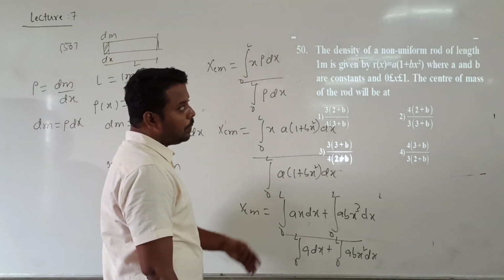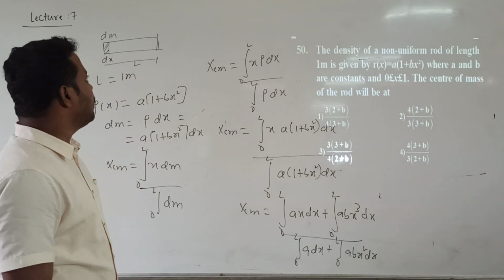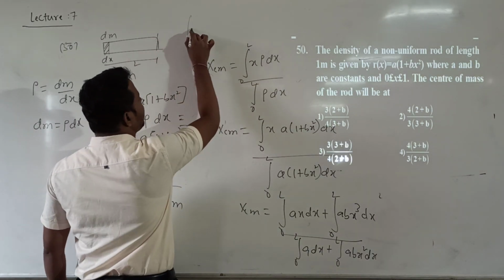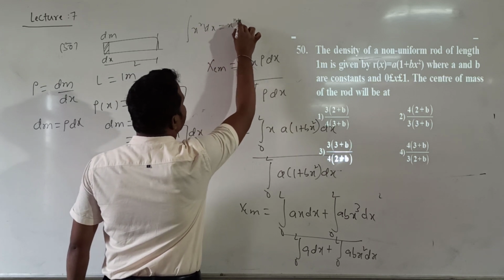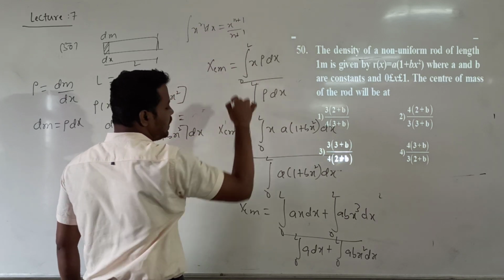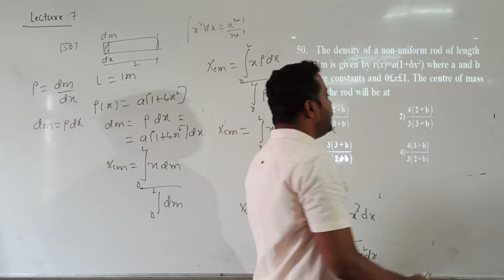Okay, can I apply the integration? Only one formula: what is the integration of x power n? Integration of x power n into dx is x power n plus 1 by n plus 1. Apply the same formula. Here a and b are constants.